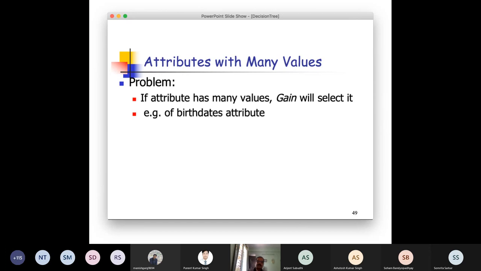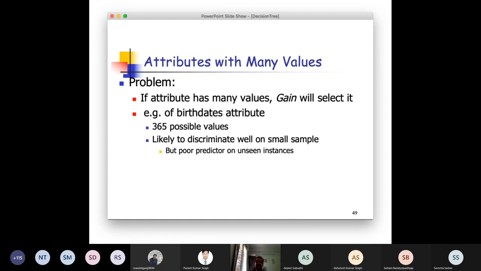So this is one example, say birth rates, and that is likely to discriminate well on small samples, but be a poor predictor on unseen instances.